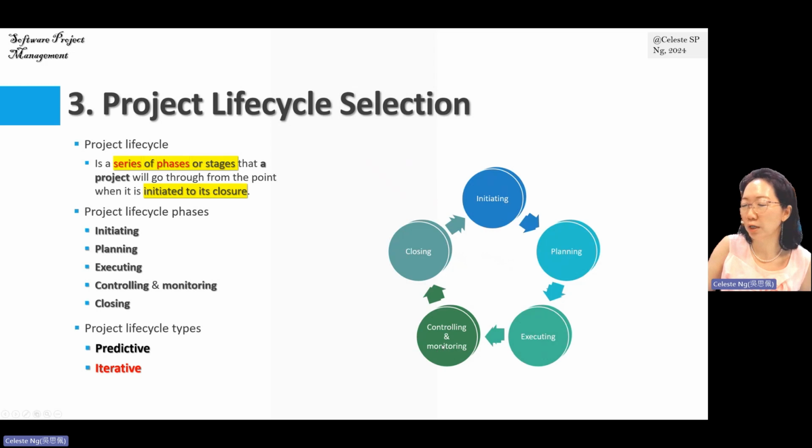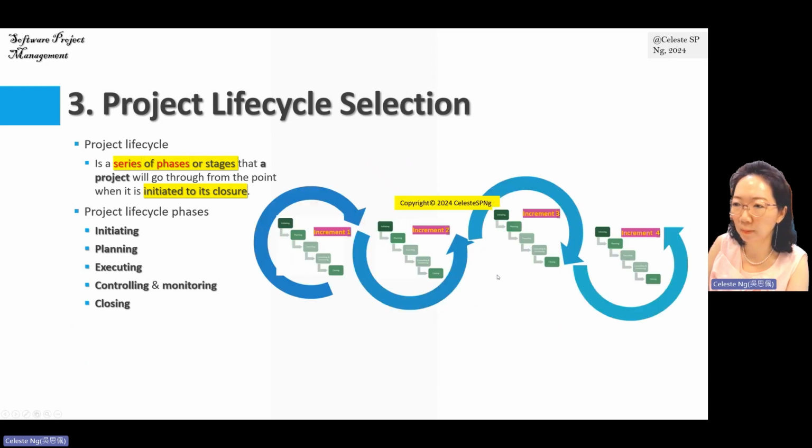In the iterative lifecycle, we know that the users are not too sure of what they require, for example a requirement in a system or a product. Therefore, feedback is encouraged, and we call it a feedback-driven project lifecycle.